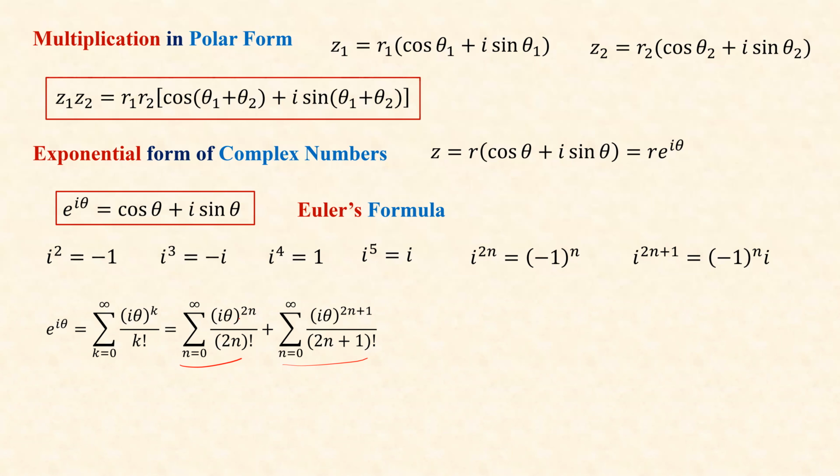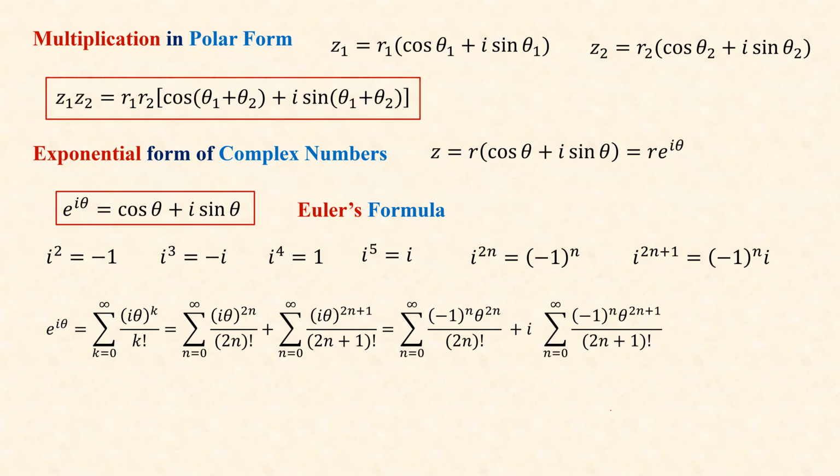But i to the power 2n in the first summation becomes (-1) to the power n, and i to the power 2n plus 1 becomes (-1) to the n times i. So all of the terms in the second one have an i, and all of the first are real. So we can factor the i from the second one and write it like this.